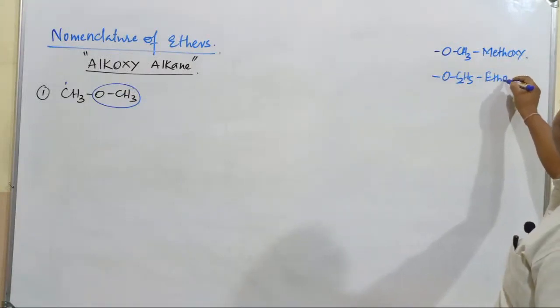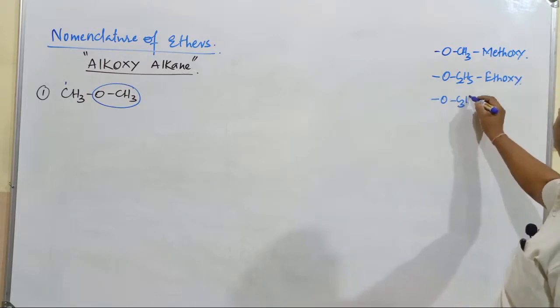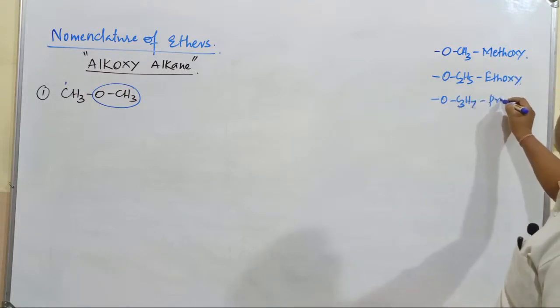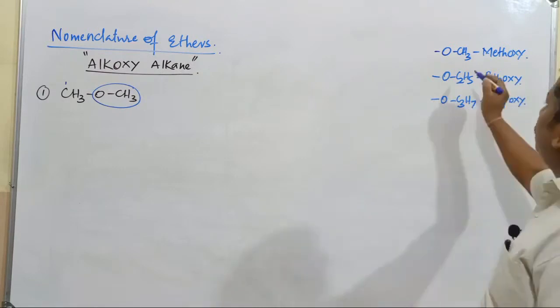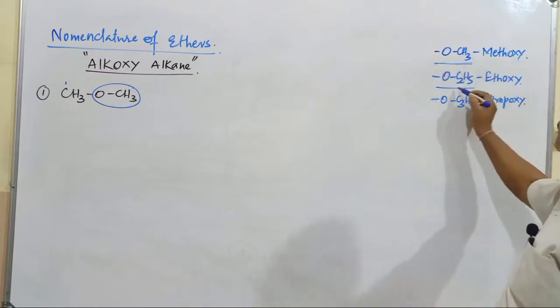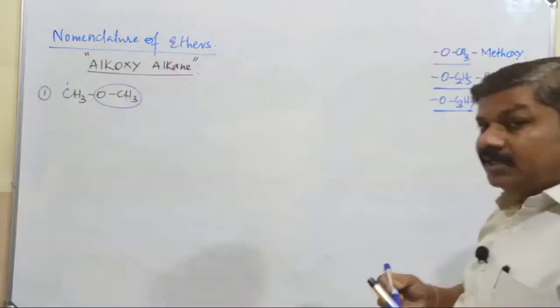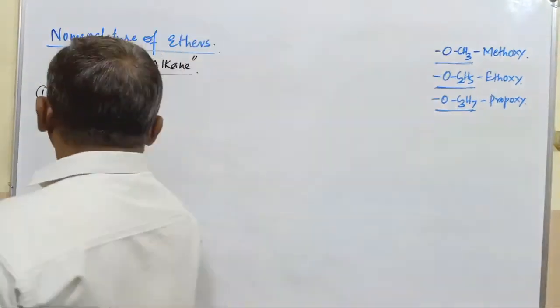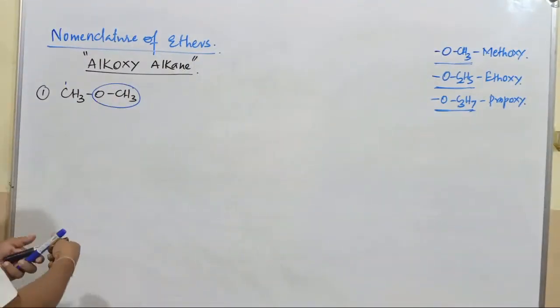Ethoxy group. Similarly, oxygen with C3H7 is taken as propoxy group. Methoxy is when oxygen is present with CH3. Ethoxy, oxygen is present with the C2H5. Propoxy is used when oxygen is present along with the what? C3H7 group.